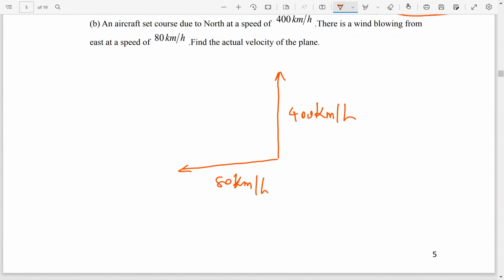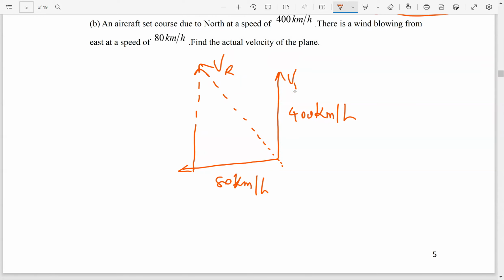Find the actual velocity of the plane. The actual velocity, dear students, we are talking of Vr of the plane. So how do you get that? You can project this one here.